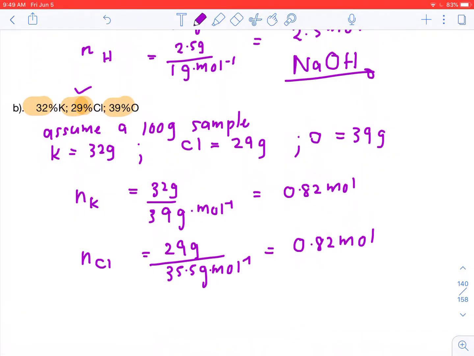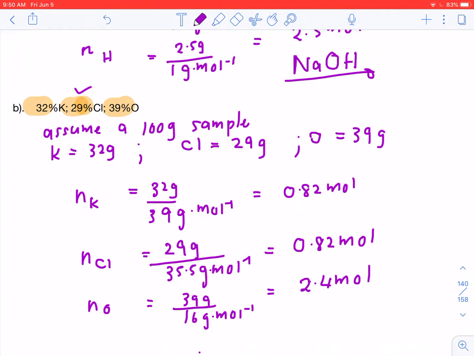So if you look at that, and now we want oxygen, n of oxygen is equal to 39 grams, all upon 16 grams per mole, and that gives us 2.4 moles.